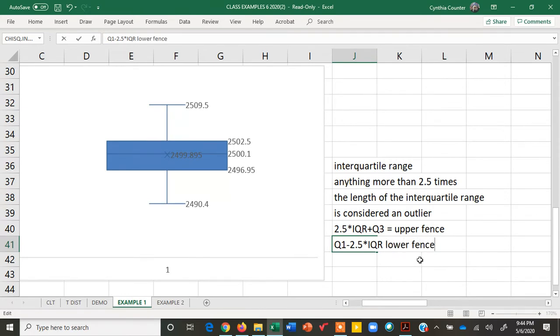Anything beyond those fences are outliers, right? Interquartile range, mean, median, upper quartile Q3, lower quartile Q1.